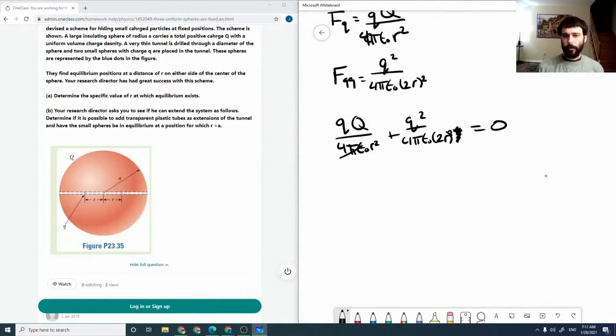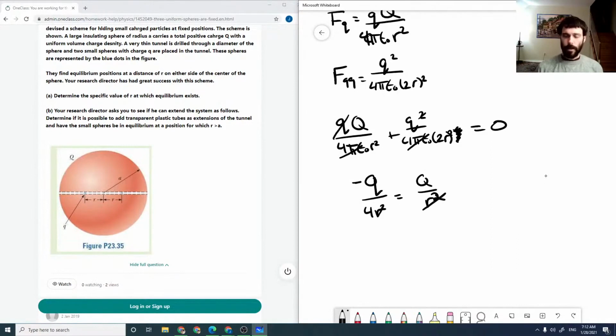Again, we can cancel 4 pi epsilon naught and one of the q's, and we can rearrange here. So we've got minus q over 4r squared is equal to Q over r squared.